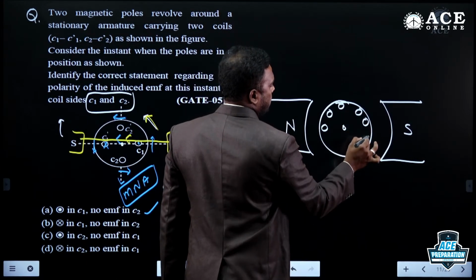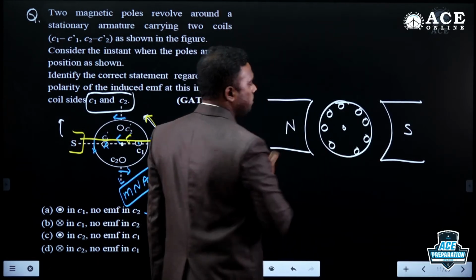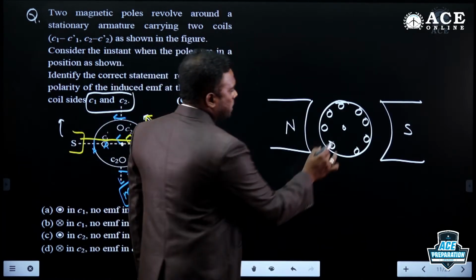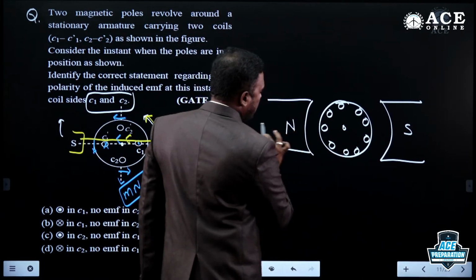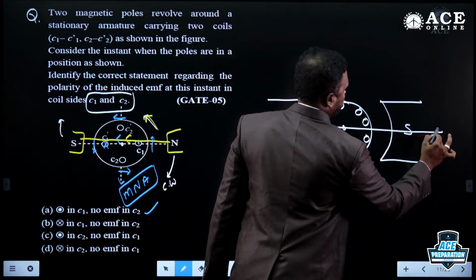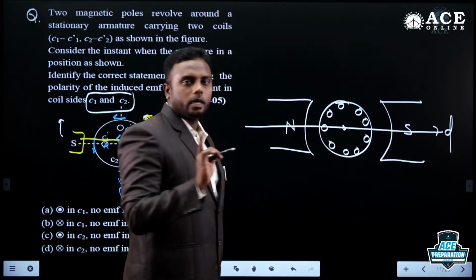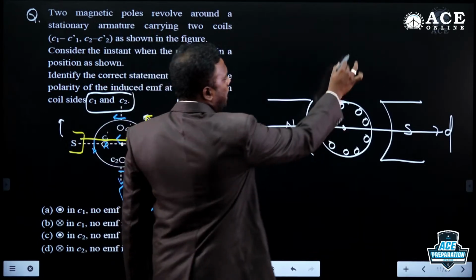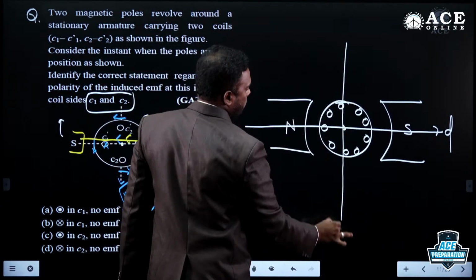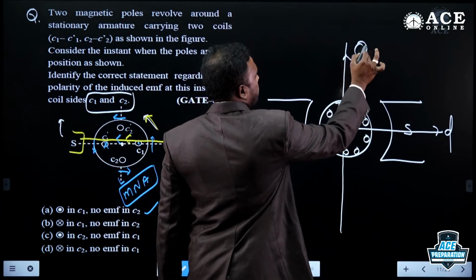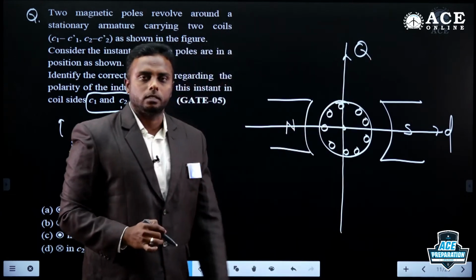If you place conductors exactly along this axis, we generally call it the D axis, direct axis or polar axis, and the axis perpendicular to this D axis we call the Q axis.